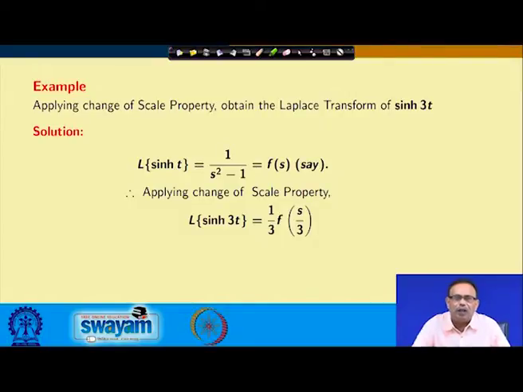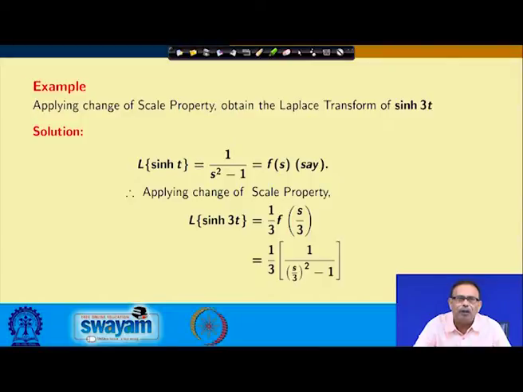You see the advantage: once I know the transform of sinh t, then for sinh at, a will be changed, and I can use 1 by a F of s by a, and we get the result.